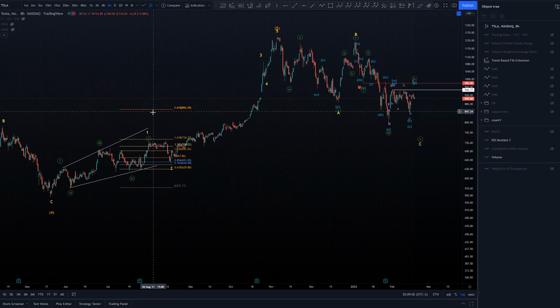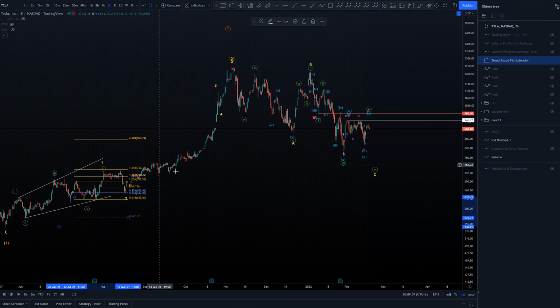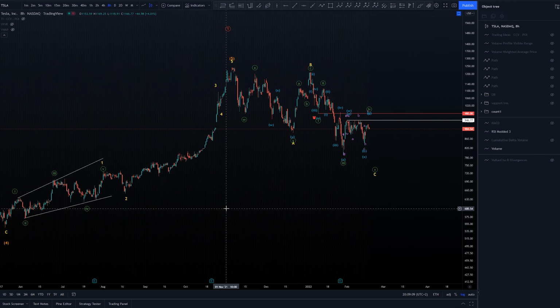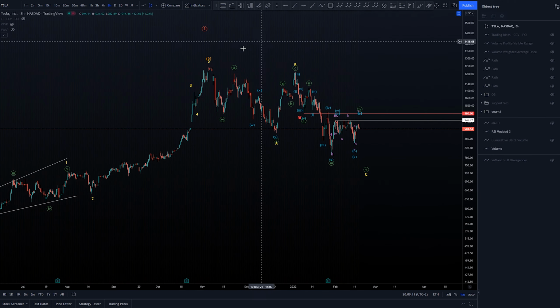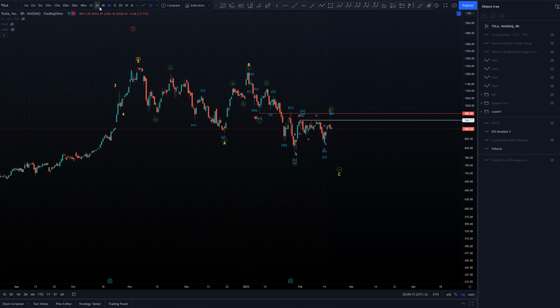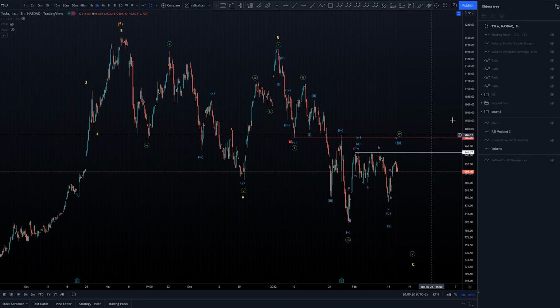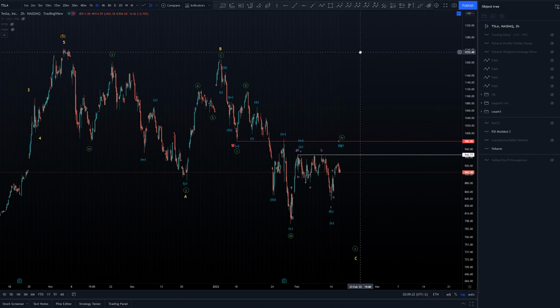But yeah, as time continues we can see the count unfold more, but this is the part I really wanted to dig into. So let's just go a bit smaller time frame so we can see it better.